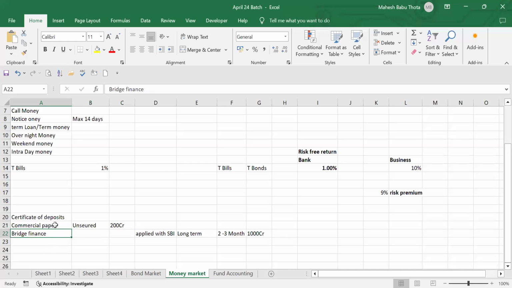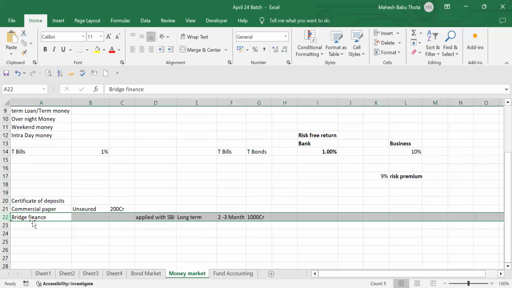If you are taking short-term capital or short-term loans without disturbing your regular project duration, because I cannot hold and keep my project on hold, to meet my temporary requirement, I'm taking short-term loans, short-term capital. That is called bridge finance. I'm arranging finance through these short-term instruments.